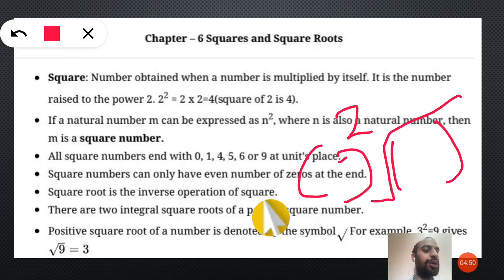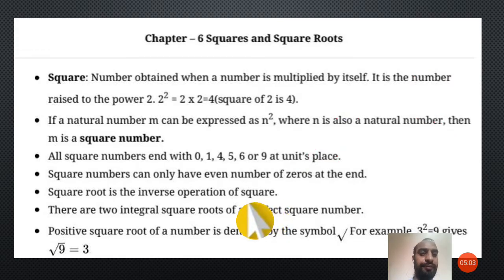This is the sign of square root, and this sign represents the power 1 by 2. So you can see here 2, here 1 upon 2, so they are the reverse of each other. This is very important to understand. Next thing, there are two integral square roots of perfect square numbers.